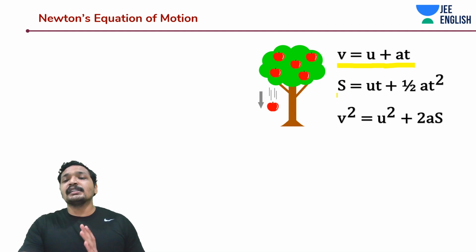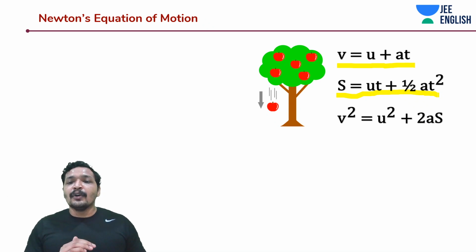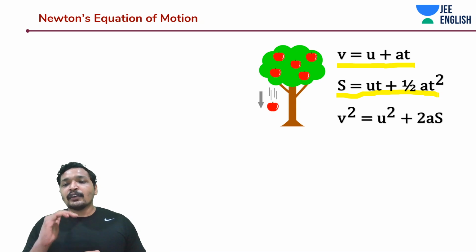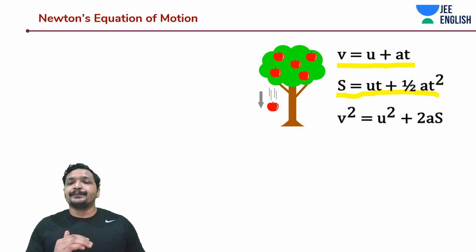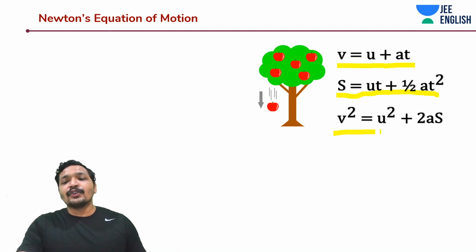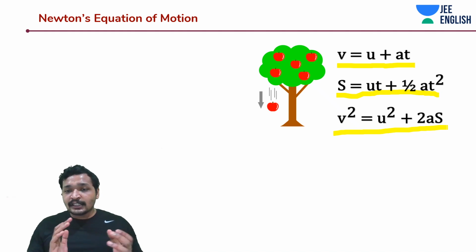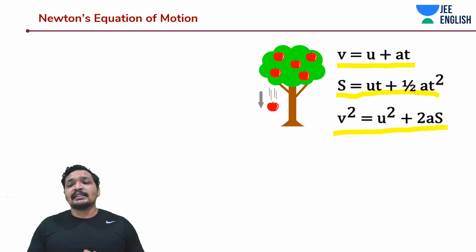The second equation is s is equal to ut plus half at square, which says that displacement is equal to the product of initial velocity and time plus half at square. And the third equation of motion is v square is equal to u square plus 2as, which says that final velocity square is equal to initial velocity square plus 2 times acceleration times displacement.